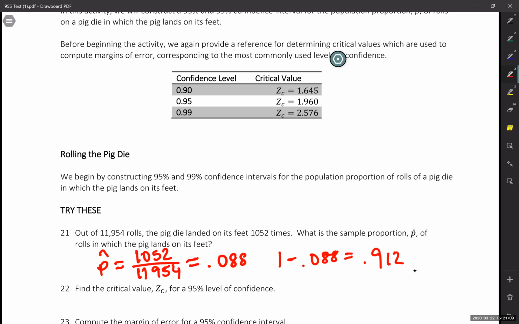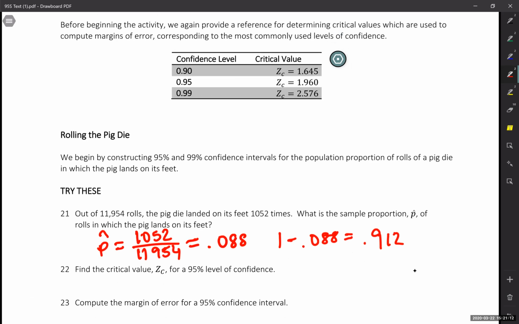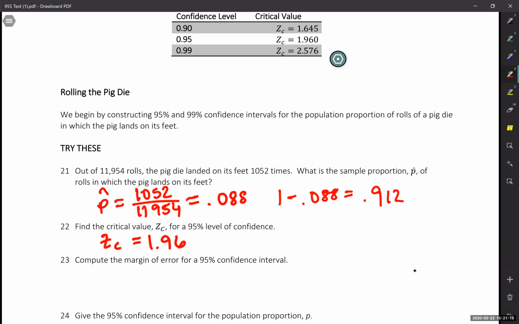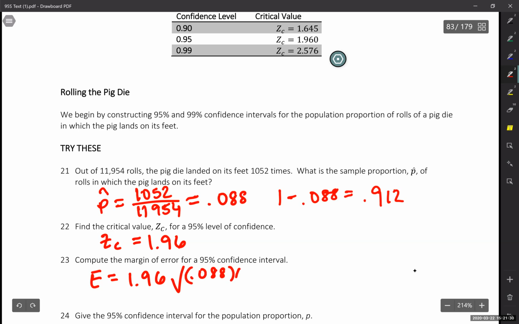Okay, anyways, 95% confidence interval, looking at that yellow paper, we get our z is 1.96. So we're gonna compute the margin of error, putting our z, and then the square root of 0.088 times 0.912. And our n is quite large, so make sure our square root is on everything, 11,954, and we're getting a really tiny number, a couple of zeros, and then a 5.